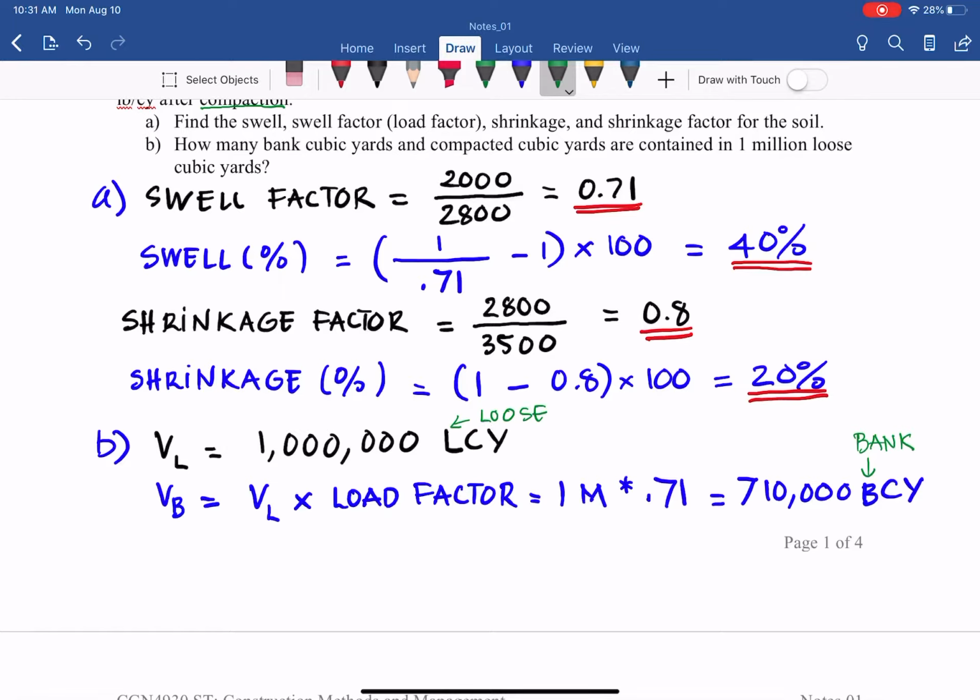And the last one, what is the volume of the compacted cubic yards? Again, compacted transfers from the bank, not from the loose. So you have to start with V bank, not V loose, from the original condition to the final condition compacted, and times the shrinkage factor.